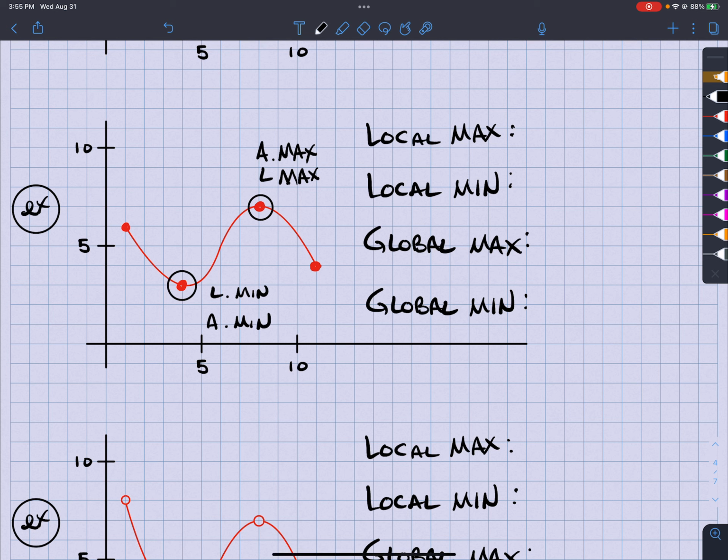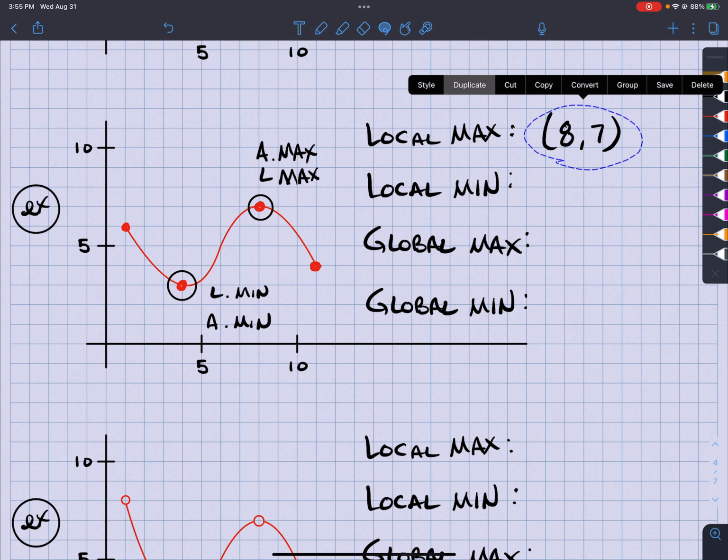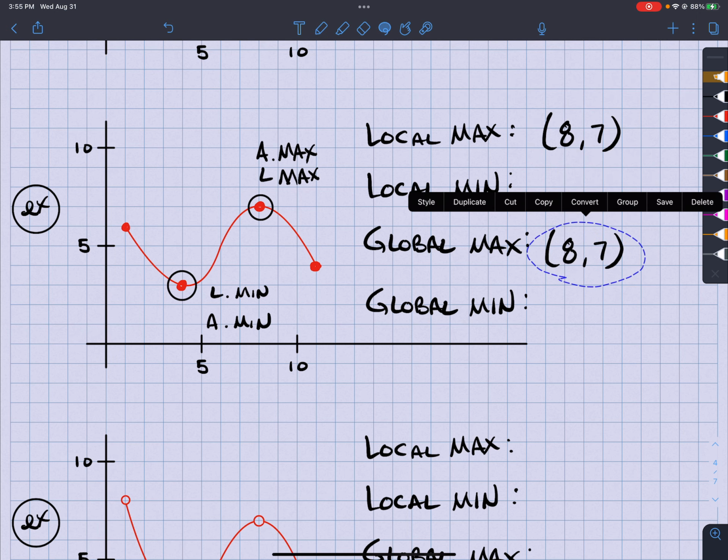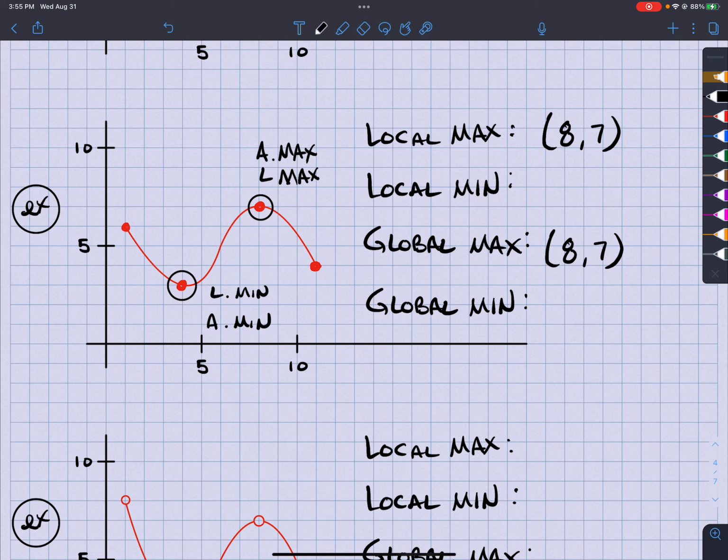So my local max is still 8.7, but that's also my global max or my absolute max. My local min is 4.3. Well, that is also my global or absolute min as well.